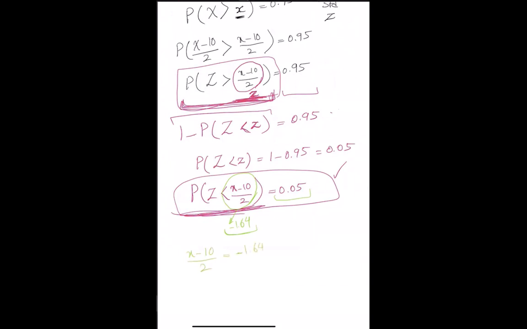That's the z value that I got from the table. And if we do these calculations, I can find the value of x. And that is going to tell me the value of x, or the weight, such that 95% of the packages have a weight greater than this number.